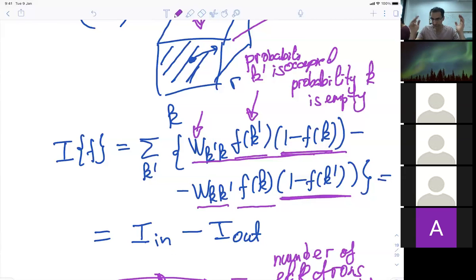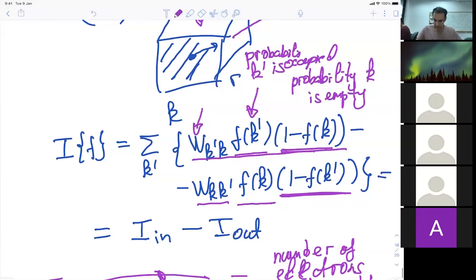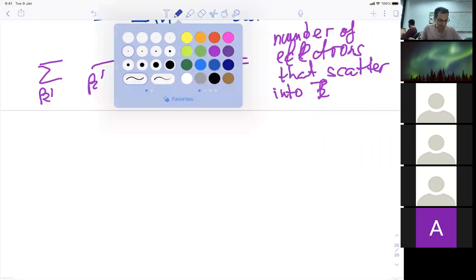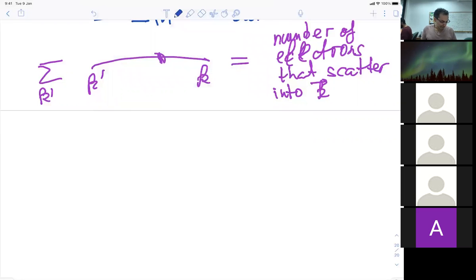Now let us take this structure and use it to compute some basic features of the system. Let us compute, say, electric conductivity.